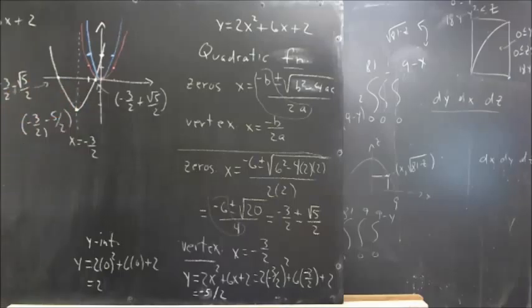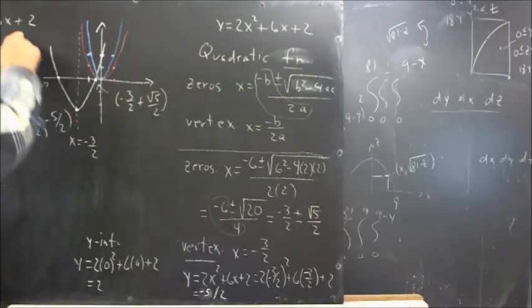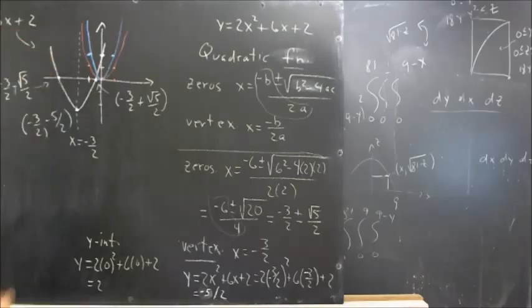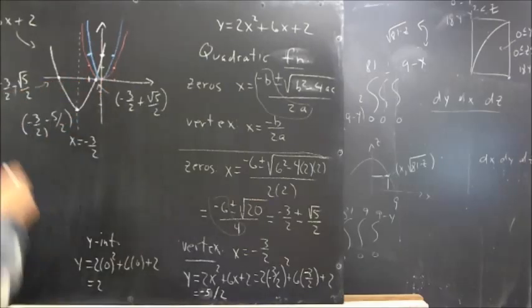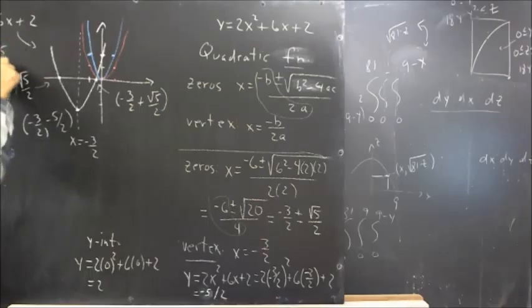we're going to get this graph, which means, of course, a couple of things, that this graph is of y equals 2x squared plus 6x plus 2, but also that graph is 2 times the quantity x plus 3 halves squared minus 5 halves.